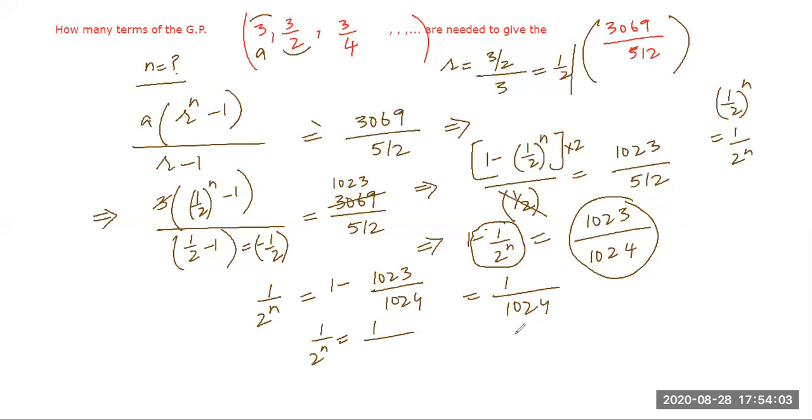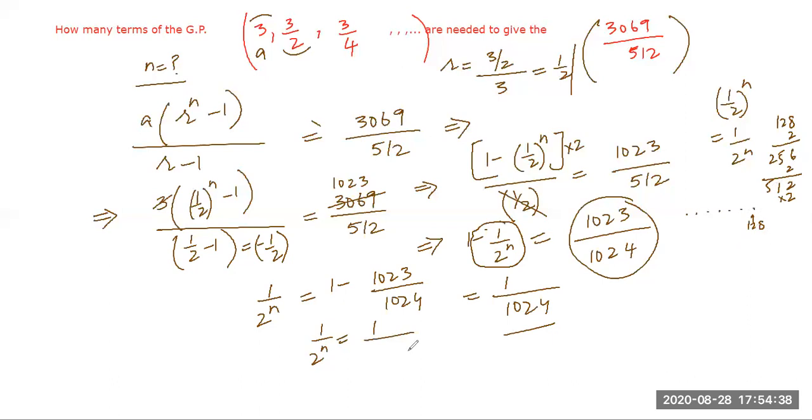So anybody knows 1024 is equal to 2 raised to power what? 2, 4, 8, 16, 32, 64, 128, 256, 512, 1024.